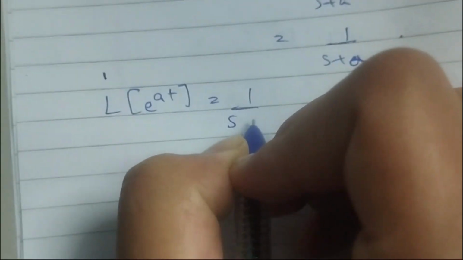Using the same method, we can prove that the Laplace transform of e to the power at is equal to 1 by s minus a. So now let's solve this for cos at. Again our Laplace transform form is the integral of e to the power minus st f of t dt.